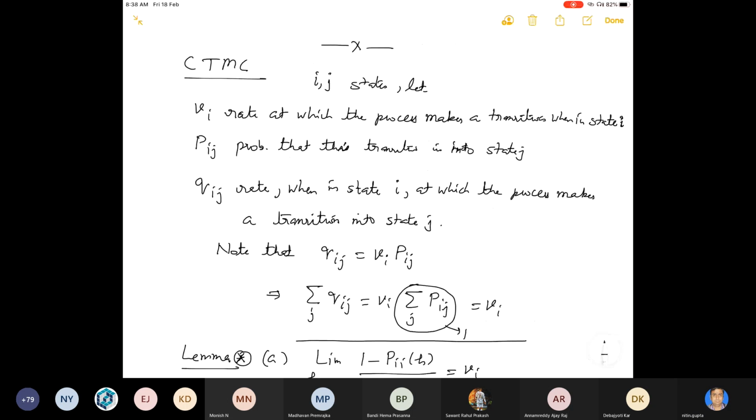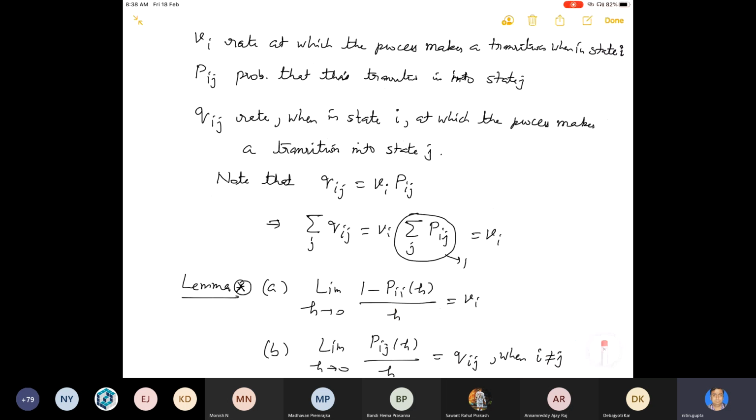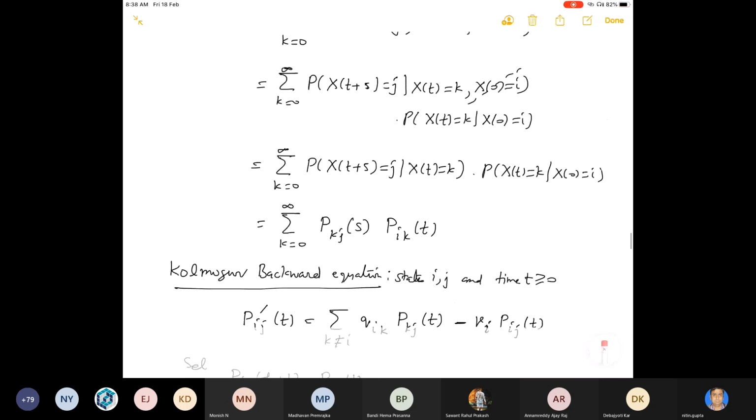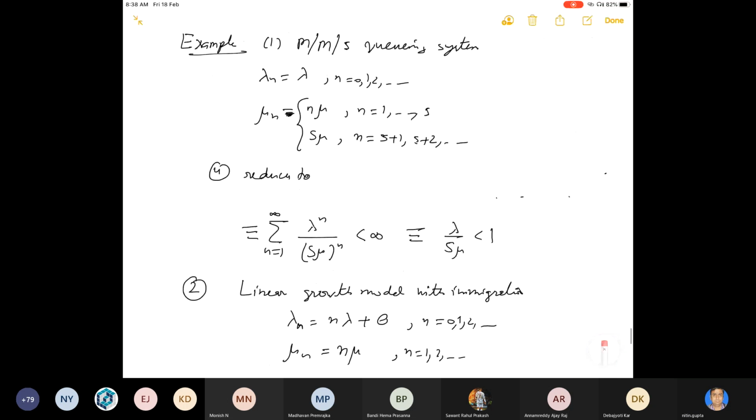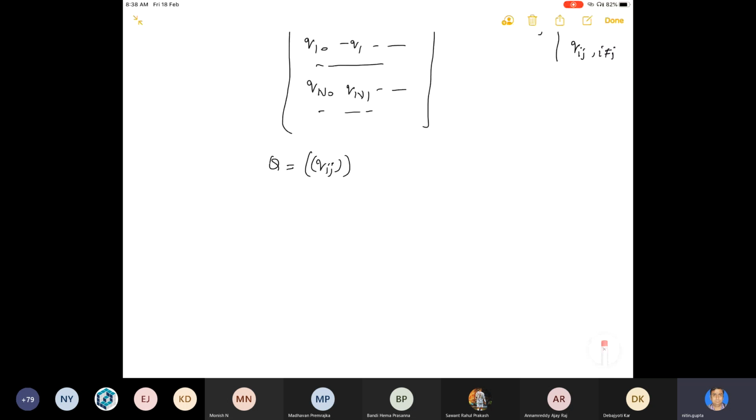Okay, so we know that summation Qij over j is Qi, which is nothing but Vi. But here i is not equal to j.